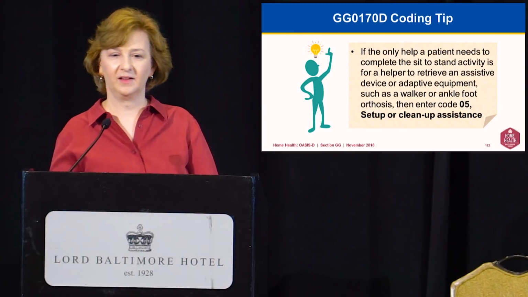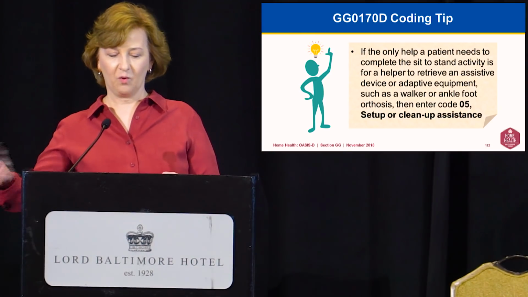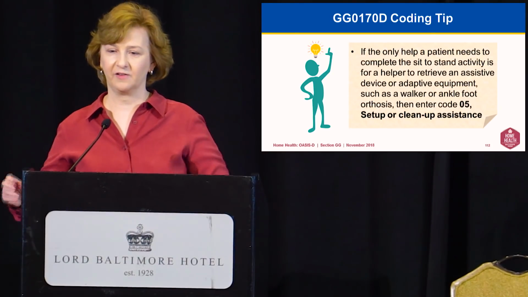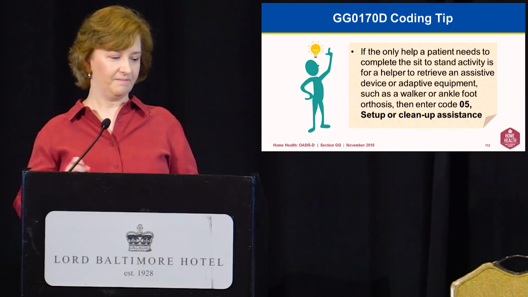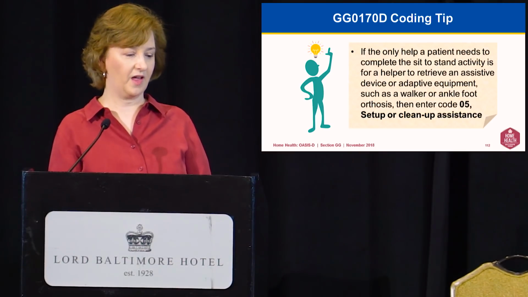So for example, in this instance, maybe the person has their walker in another location, and so somebody has to put the walker there so the person can stand up holding on to the walker, and so they use that for support.